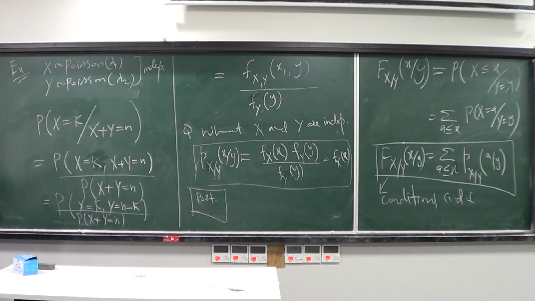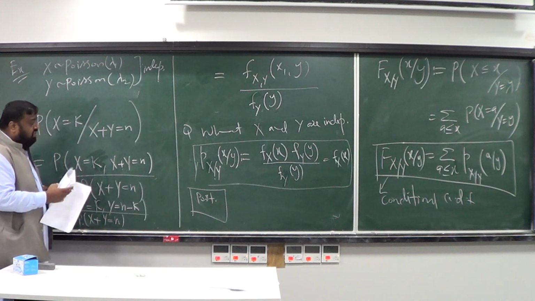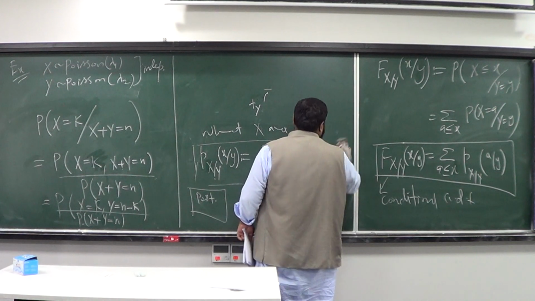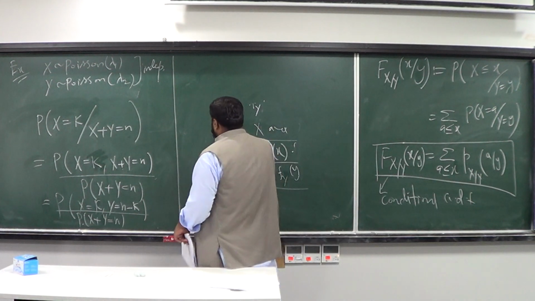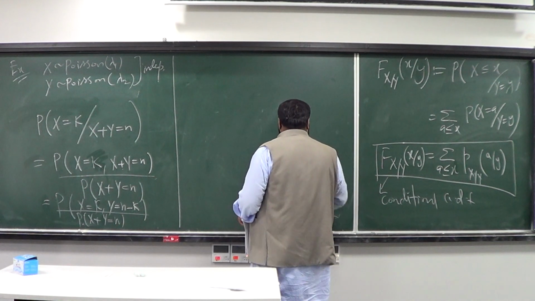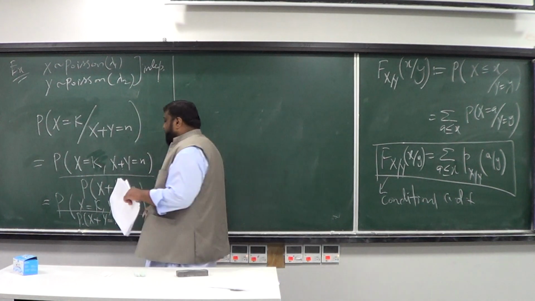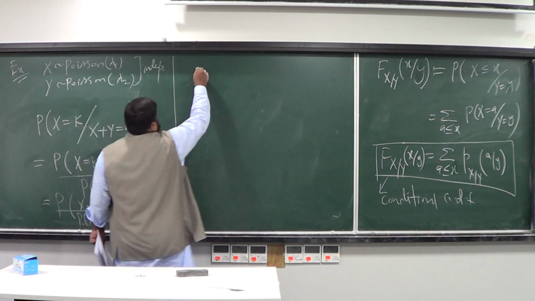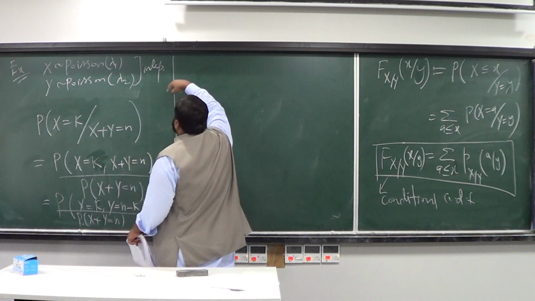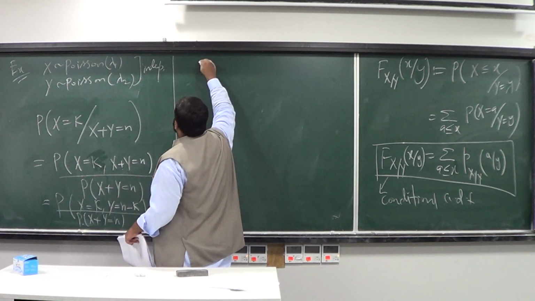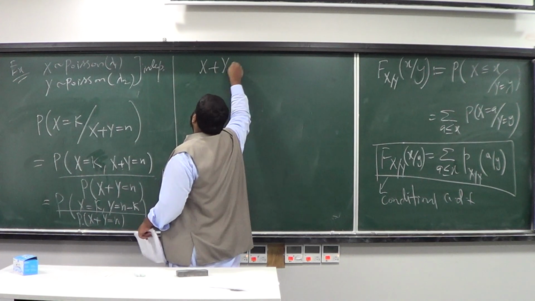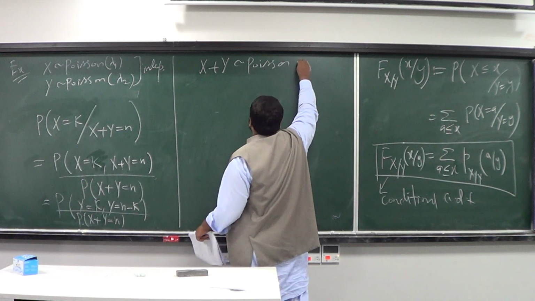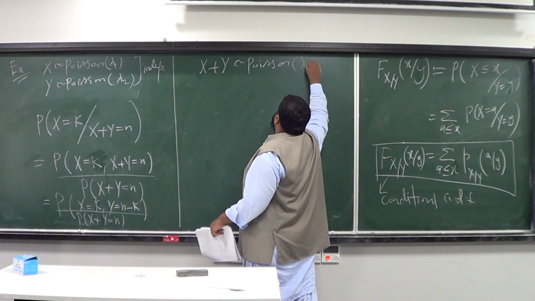Now, what we know about the sum of independent random variables, when you do the exercises, is that the sum of two independent Poisson random variables behaves as follows. If X and Y are Poisson and independent with parameters lambda 1 and lambda 2, then X plus Y is also Poisson with parameter lambda 1 plus lambda 2.